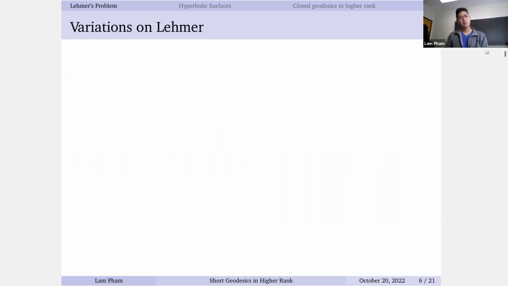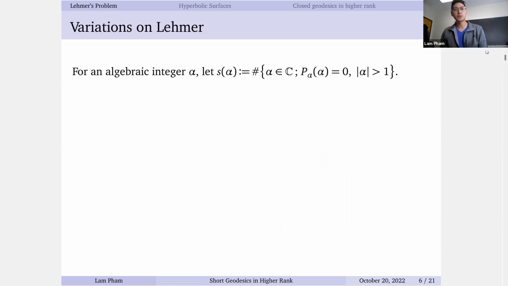I will now talk about some variations of this conjecture, precisely the one that I will be referring to later on. Now, if you take an algebraic integer alpha, you will look at all of its different conjugates for its minimal polynomial, and you focus specifically on those which have absolute value greater than 1. In particular, those are the ones that are involved in the definition of the Mahler measure.